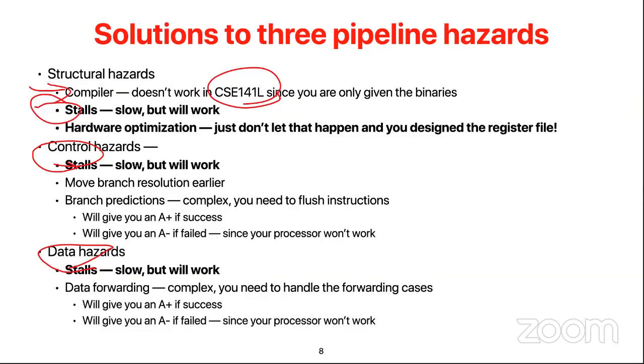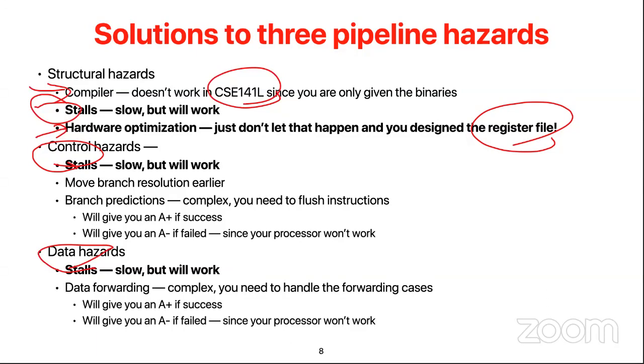For hardware optimization, in case your register file is designed properly, there shouldn't be a structural hazard in your write back stage. However, if you didn't revise your register file design, there might be some sort of structural hazard you have to deal with.